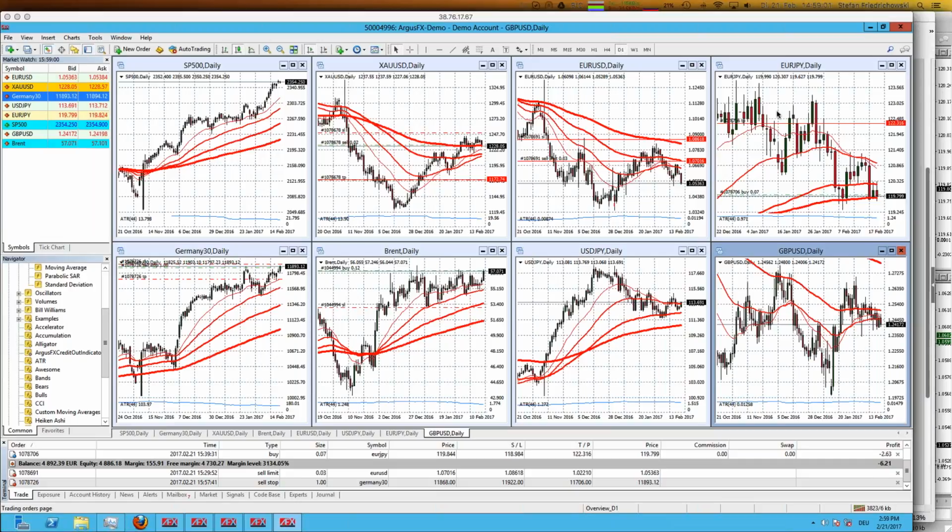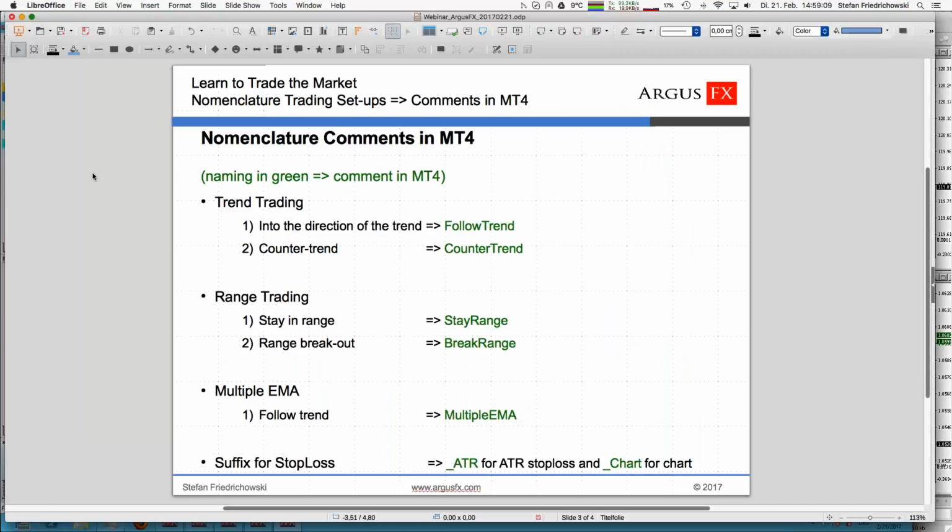So a couple of trades, and you see it's quite going fast to analyze the 8 markets according to our 3 different trading setups.